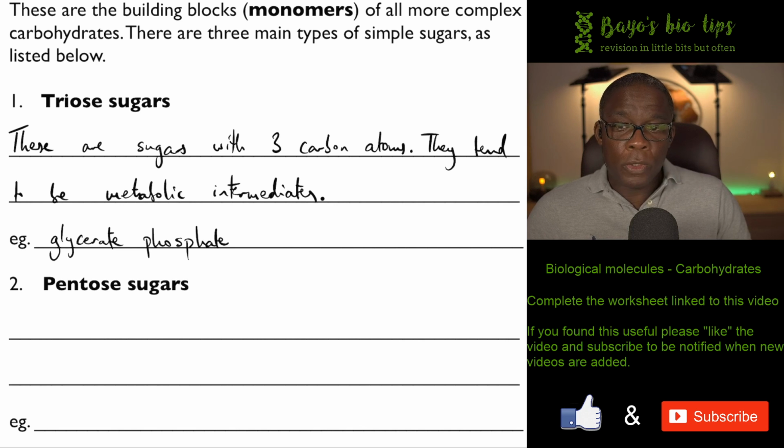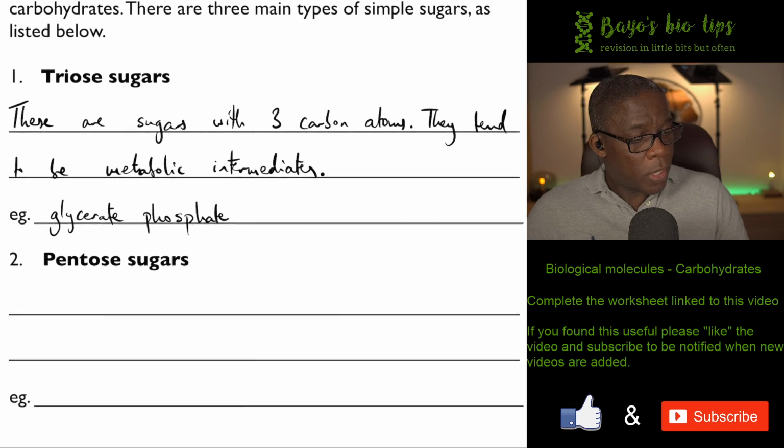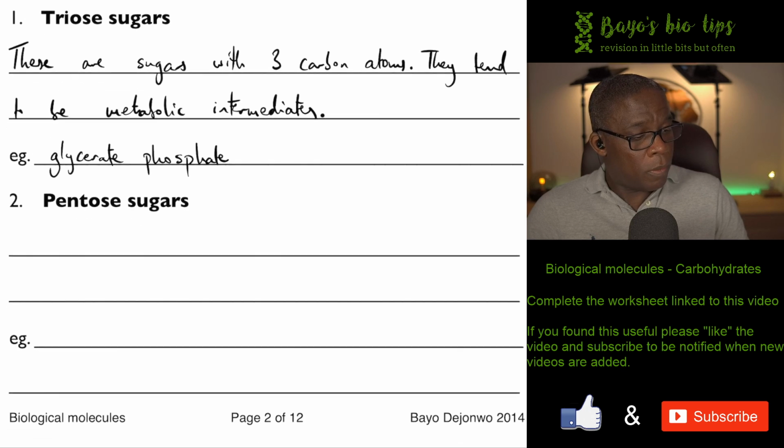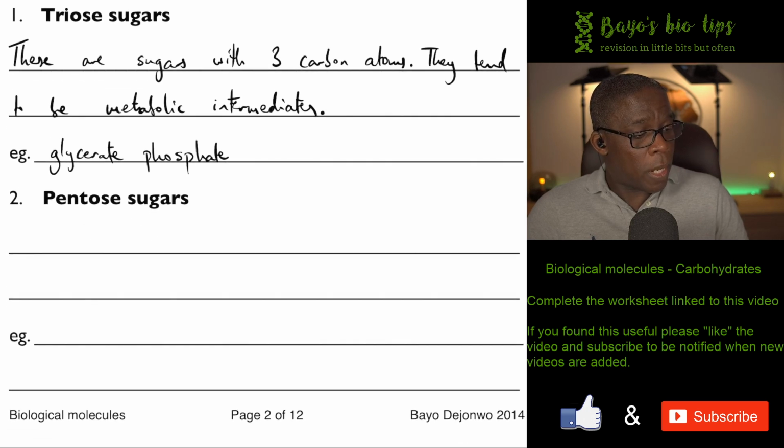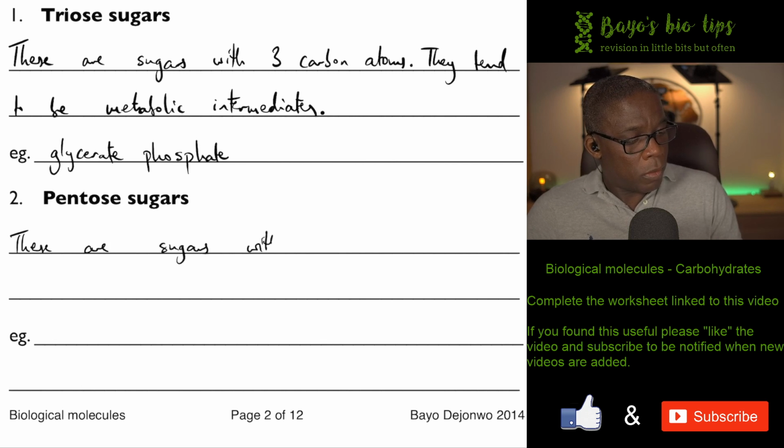And then you've got pentose sugars. As the name suggests, these have 5 carbons. So these are sugars with 5 carbon atoms.